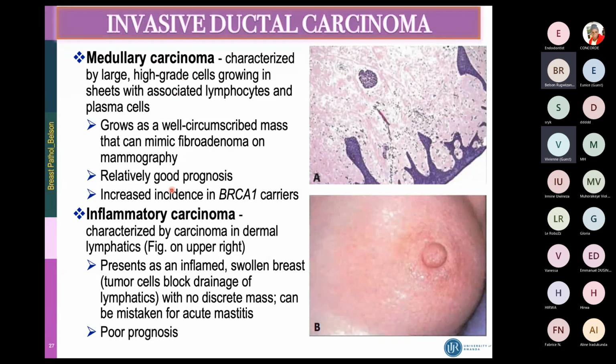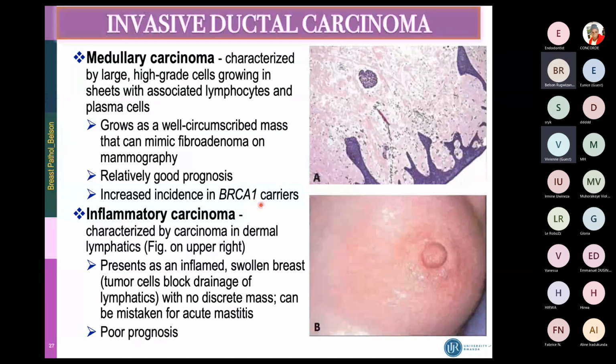So incidence in these subtypes increases with BRCA1. So BRCA, this means breast cancer gene 1. Habaho na gene 2. Izi ni genes ziba mutated muri famille runaka, ugasanga niba hari abantu bazifite muri famille bafite familial syndrome of developing breast cancer, ovarian cancer, and endometrial cancer.